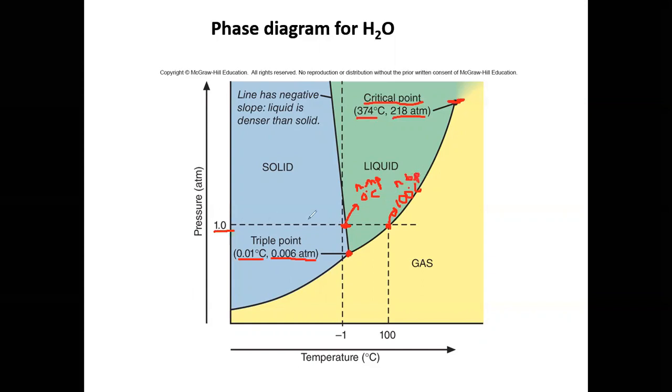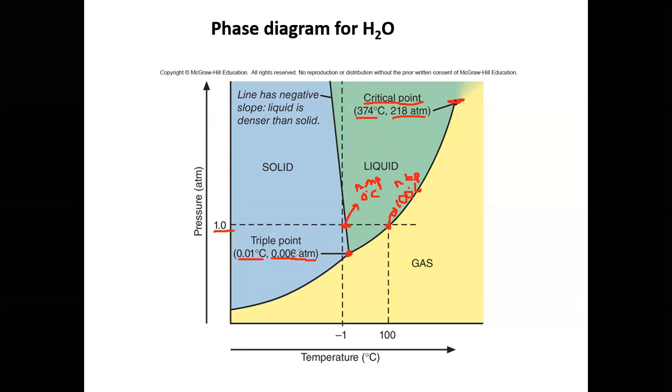Now, if we reduce the pressure almost close to 0 atmospheres, you see that we can reduce the temperature at which water boils. And so that's what you're seeing here. As you decrease the pressure, you're going to decrease the temperature, in which case there's less heat to cook your food.